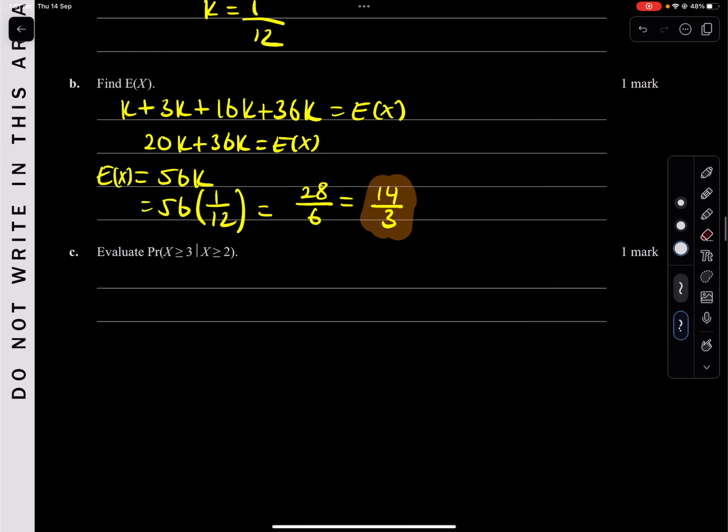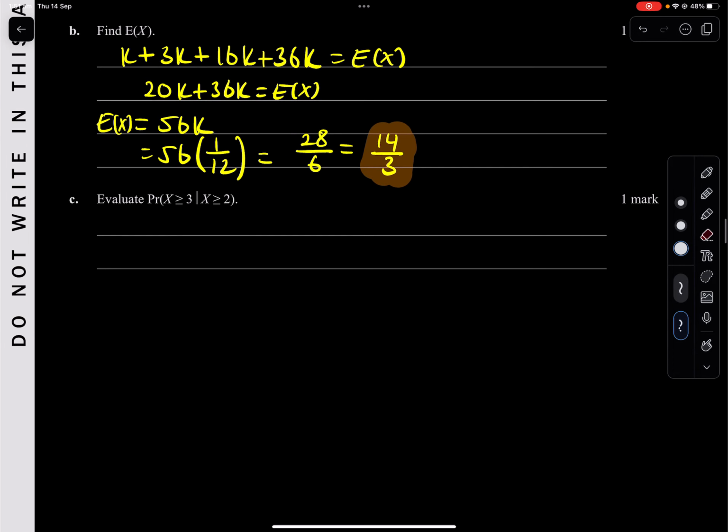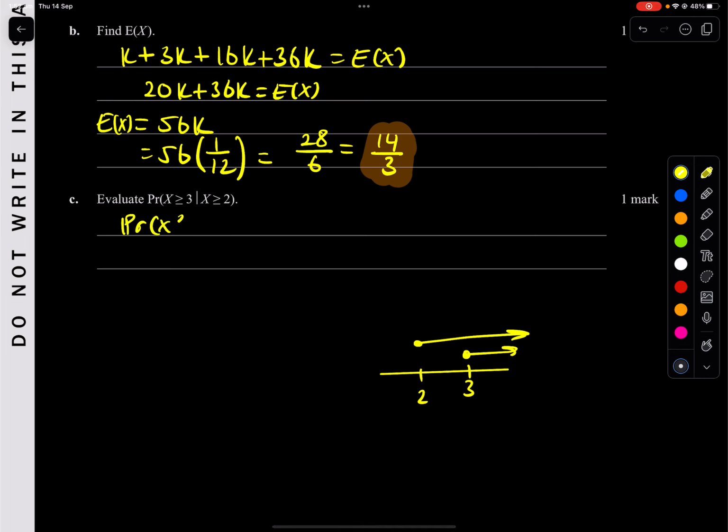Find the probability of this given this. Okay, so I'm just going to draw a nice table and say this is 3 and this is 2. And this 3 is greater and this one also is greater. Well, the intersection happens at, so probability of x is greater or equal to 3 all over probability of x is greater or equal to 2.